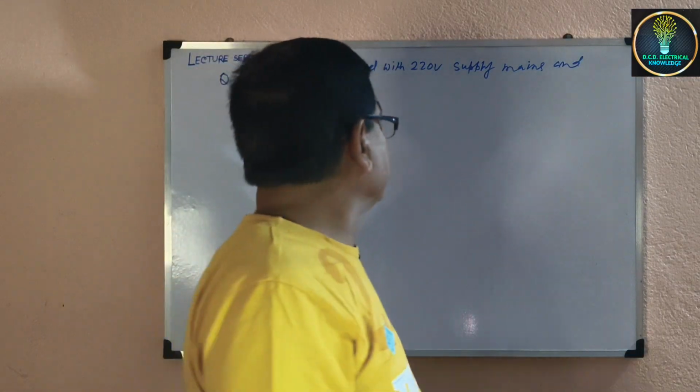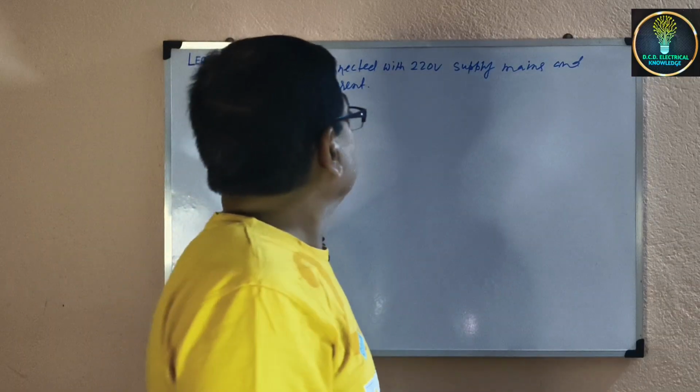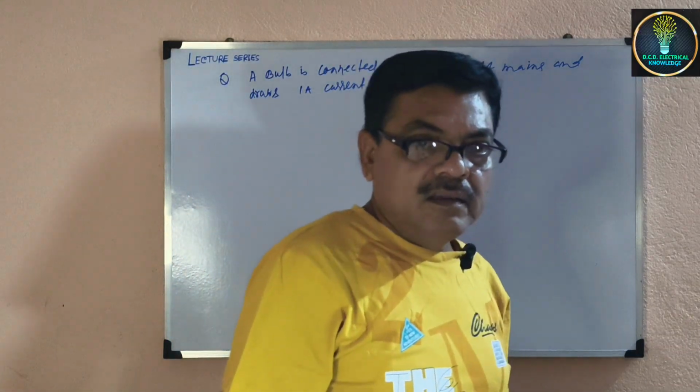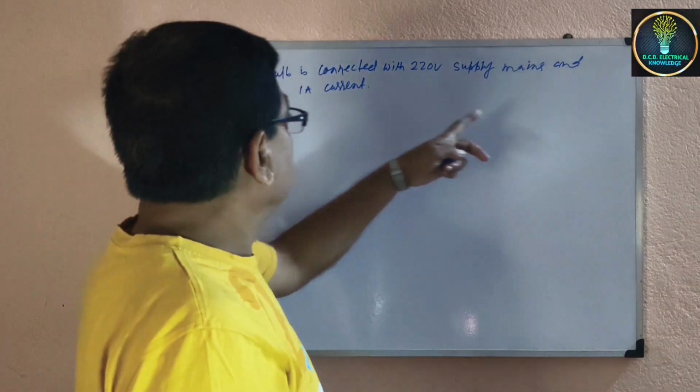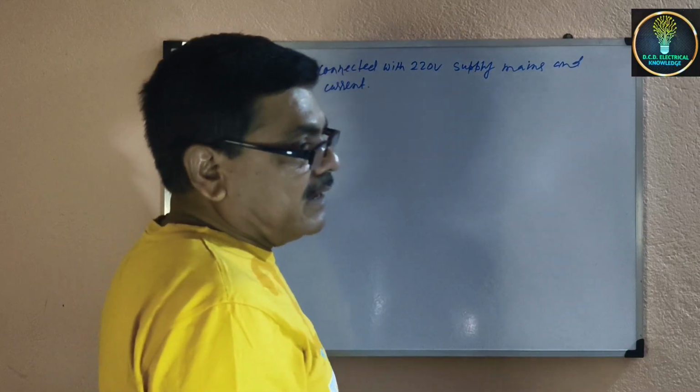Well, a bulb is connected with 220 volt supply line and subsequently the bulb draws 1 ampere current.